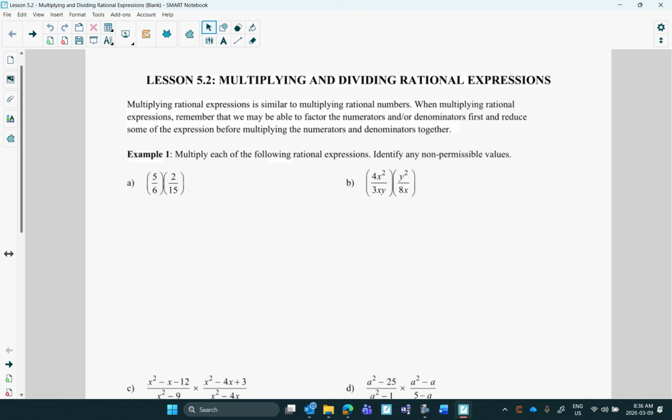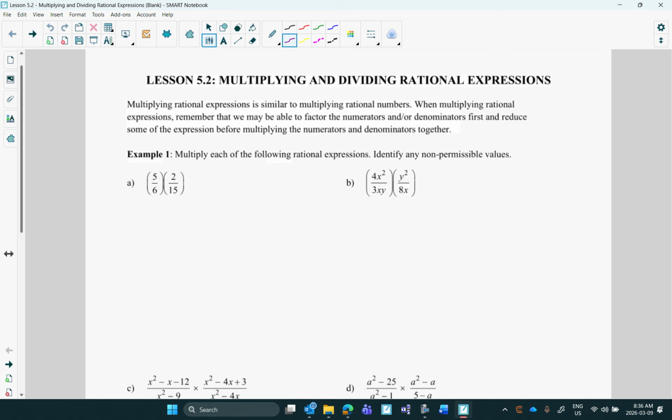So just to start, we're asked to multiply all of these and state any non-permissible values. Well, the first one is just like a review. There's no non-permissible values because there's no variables. When you multiply, what would you do before you multiply? Yeah, you would want to try and reduce fractions if you could.